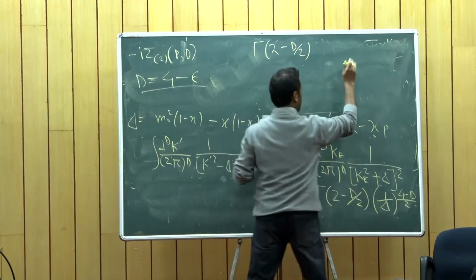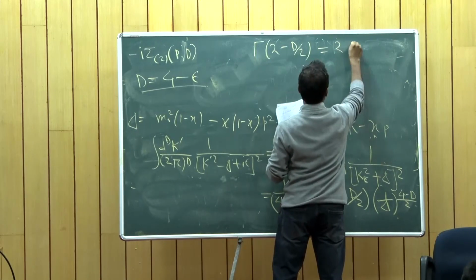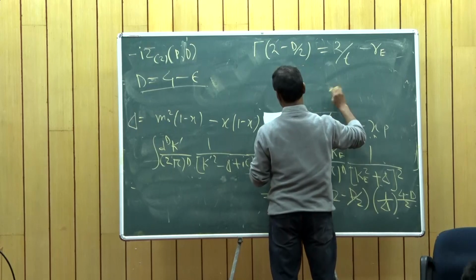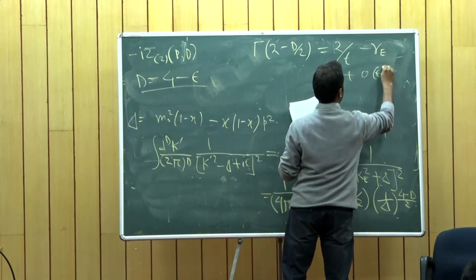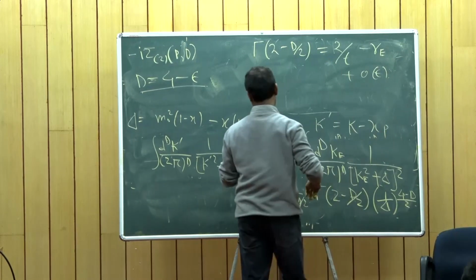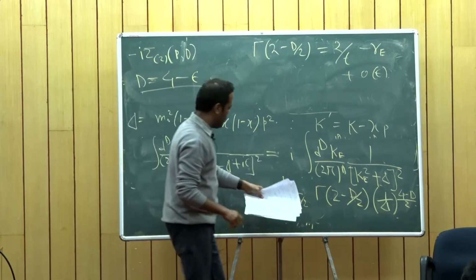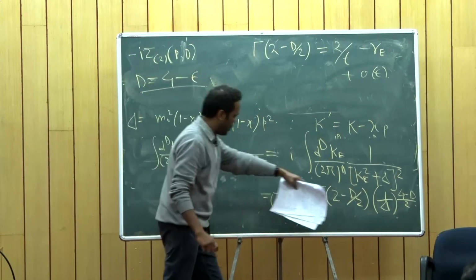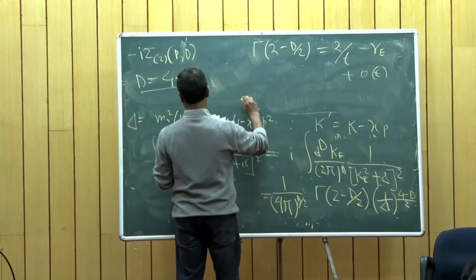All this can be derived, by the way. 2 by epsilon minus gamma e plus some term of order epsilon. And you also combine all this 4 pi and the delta and the mu square and all these things, you can get a combination like this.